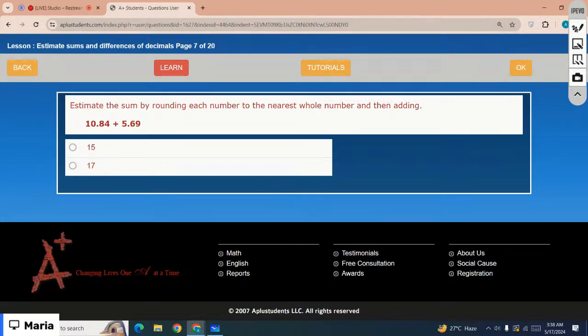Estimate the sum by rounding each number to the nearest whole number and then adding. Yes, the correct option is 17.